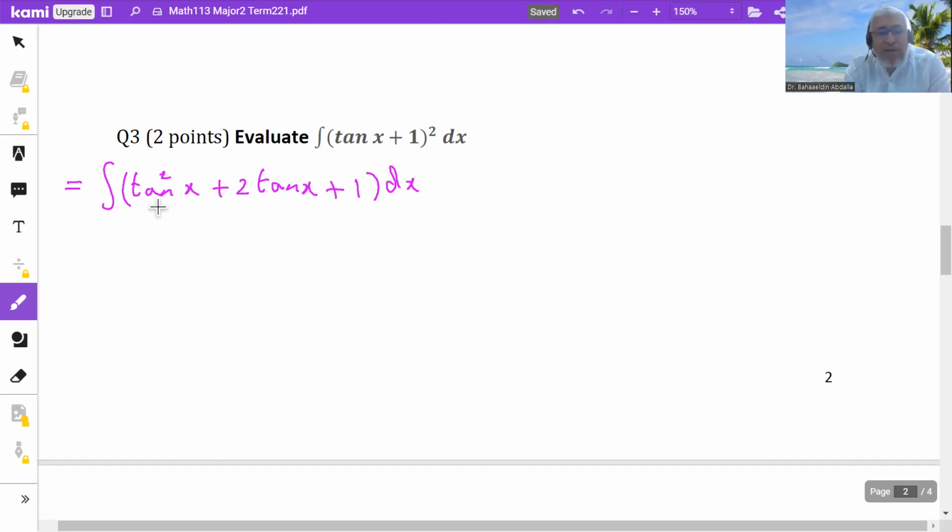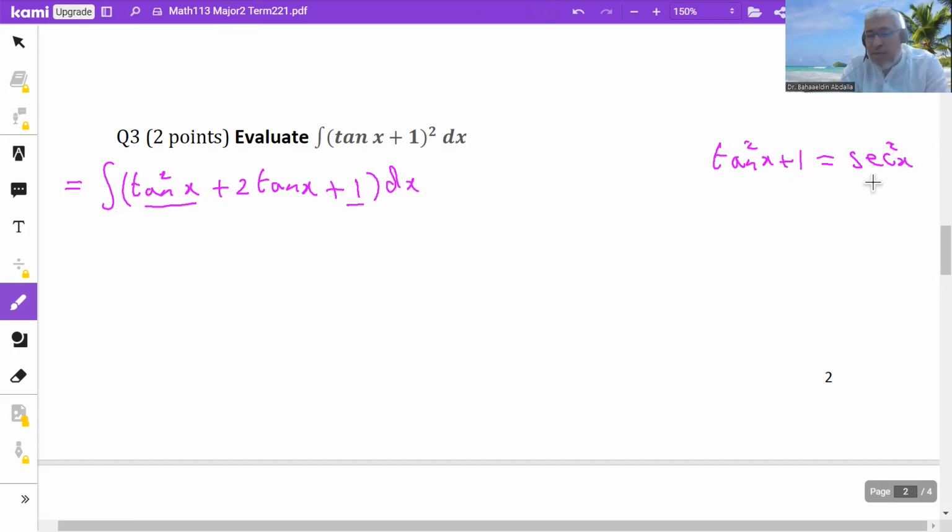Well, how to find the integral of tan square? Okay, what is the integral of tan square? I don't have a quick formula for that. But I have tan square x plus 1, and I know that tan square x plus 1 is equal to secant square x.